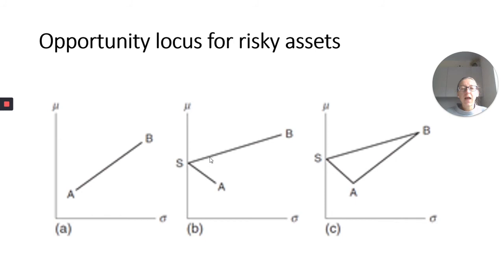So you can have way higher returns on the same risk if you include more of the asset B in your portfolio, or you can reduce risk totally by having a riskless portfolio with higher returns than only investing in A. So the negative correlation allows for reduction of risk.